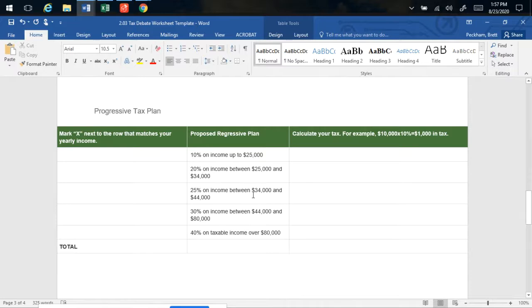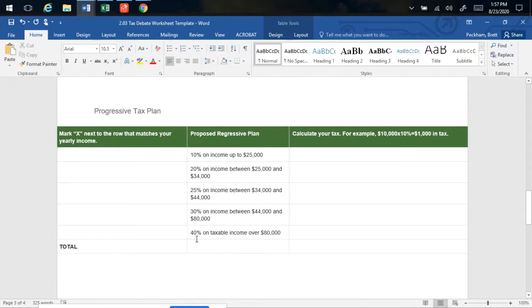As your income increases, the percentage of tax you pay goes up, up, and up. Any income that is over $80,000 will be taxed at a rate of 40%. The mistake that many people make is the following. They say if they make $100,000, they believe, oh, I make $100,000.